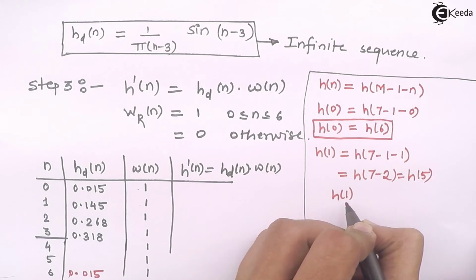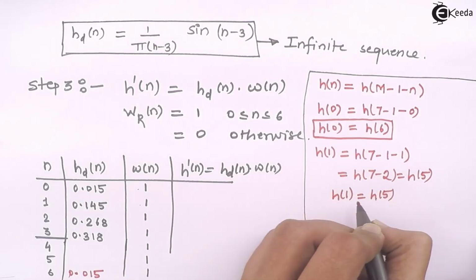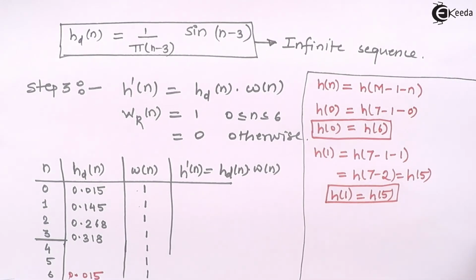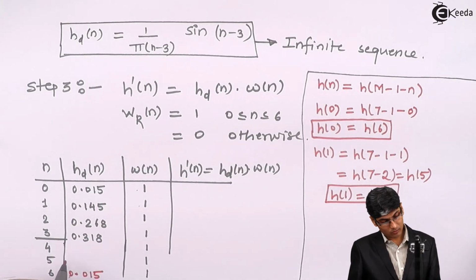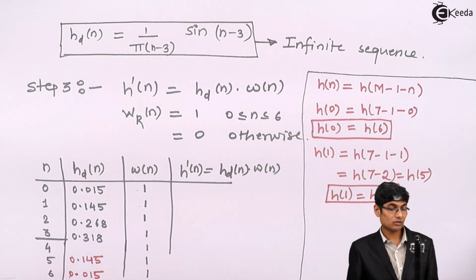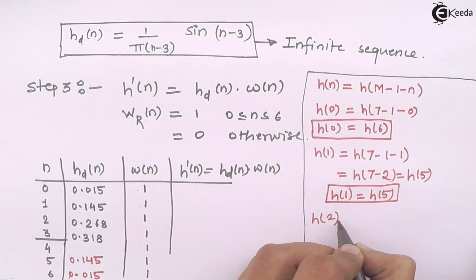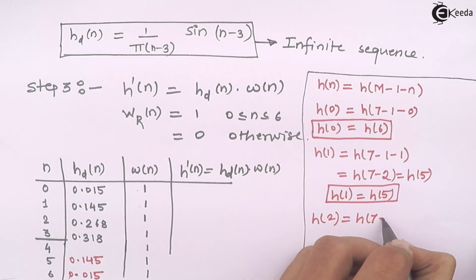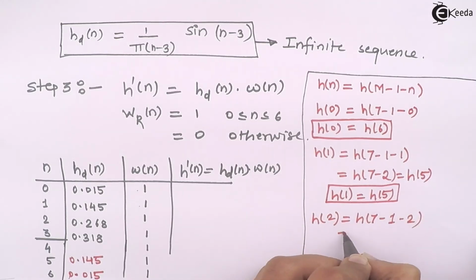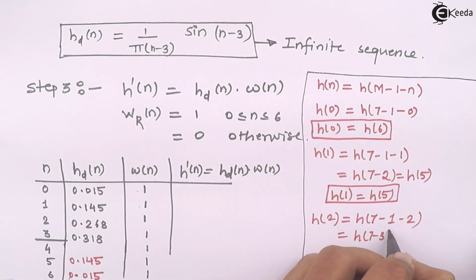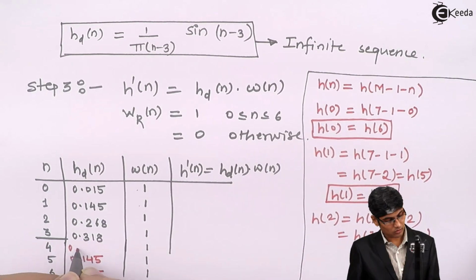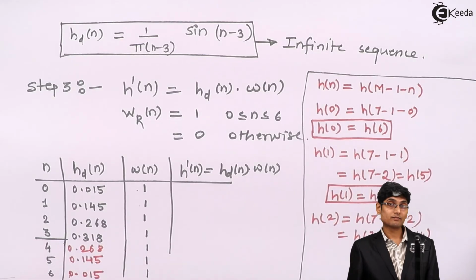That means h of 1 is equal to h of 5, and h of 1 is 0.145, so h of 5 is also 0.145. Lastly, h of 2 is equal to h of 7 minus 1 minus 2, which is h of 4. So h of 2 is equal to h of 4, which is 0.268.